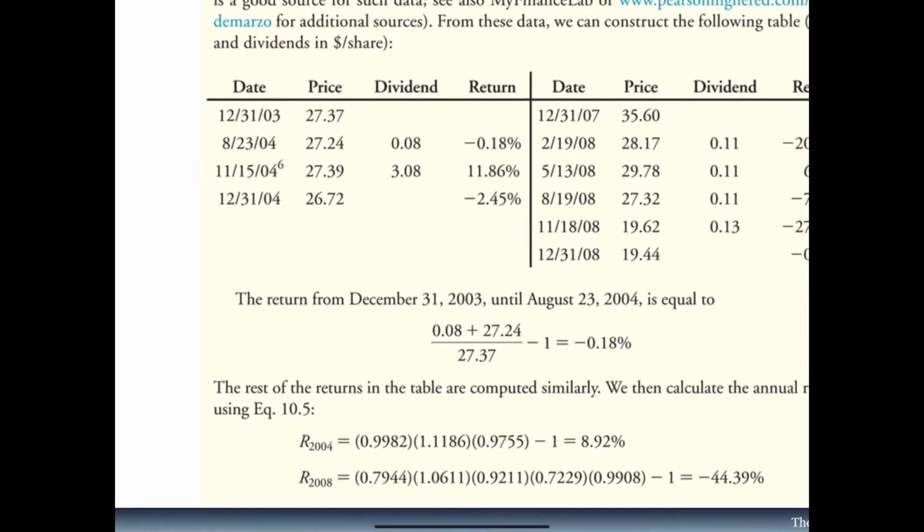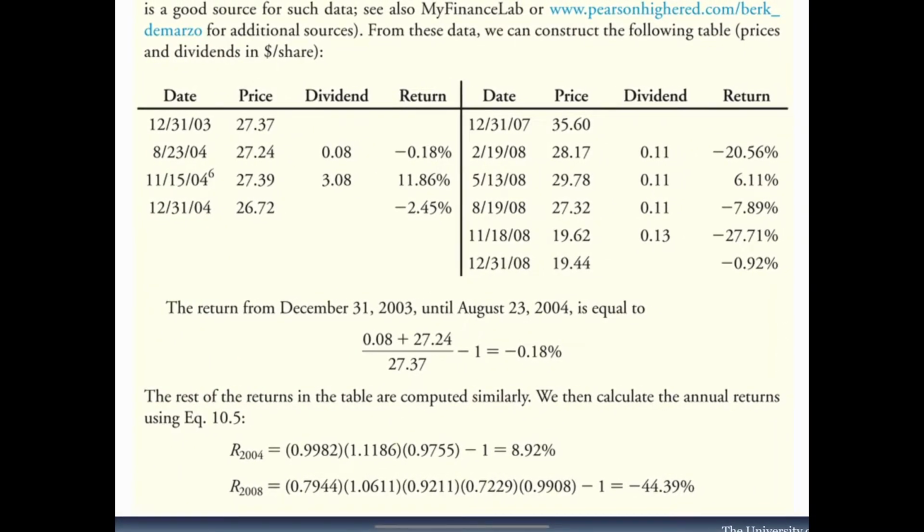And you can do the same for November. They pay another dividend. And then you can do the same for December 31st, 2004 again. So you get a return which is 11.86% for this 3 months period between August and November, and you get minus 2.45% between November and December.